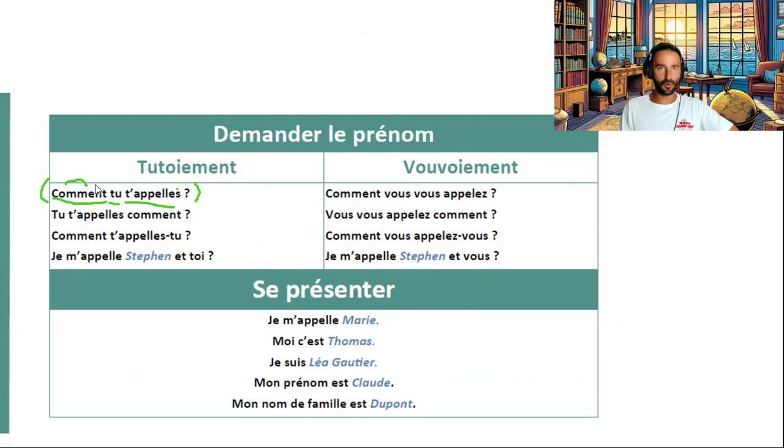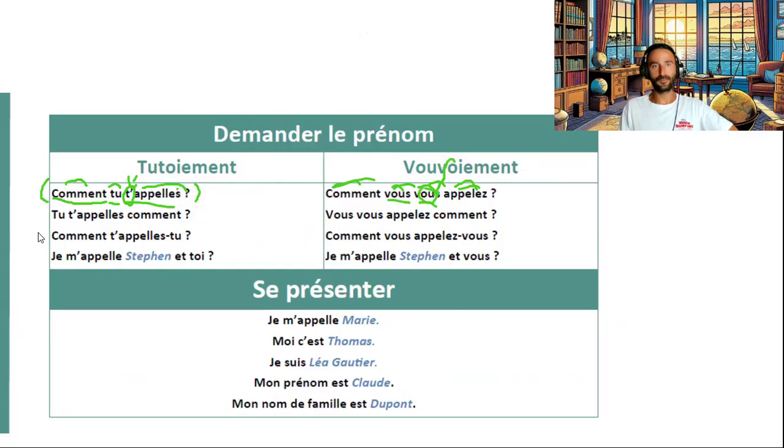Okay? How you call, and this T apostrophe here is like yourself. So we're gonna find the same thing here with the vouvoiement. Comment vous vous appelez? That's why we have two times the vous, because it's how you call yourself.